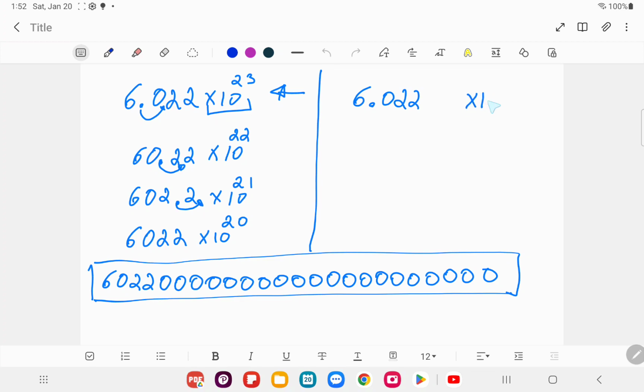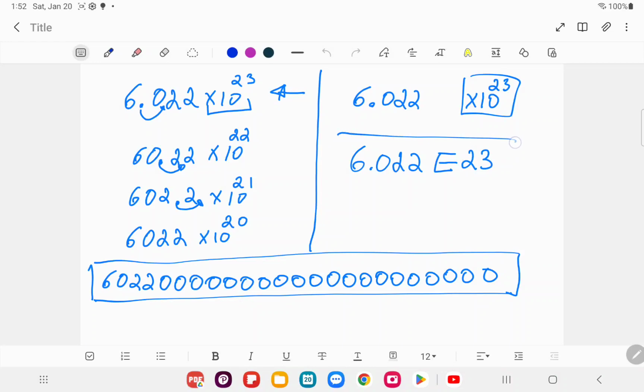So instead of writing this, you're just writing 6.022 E23. This is what you have to see in your calculator on the display. So do not multiply this number times 10 to the 23rd.